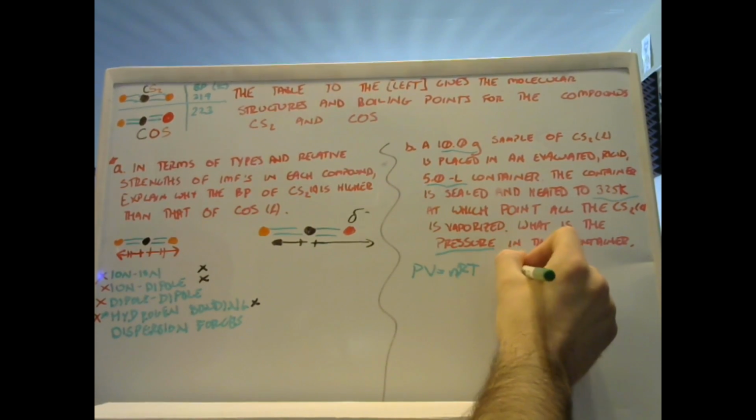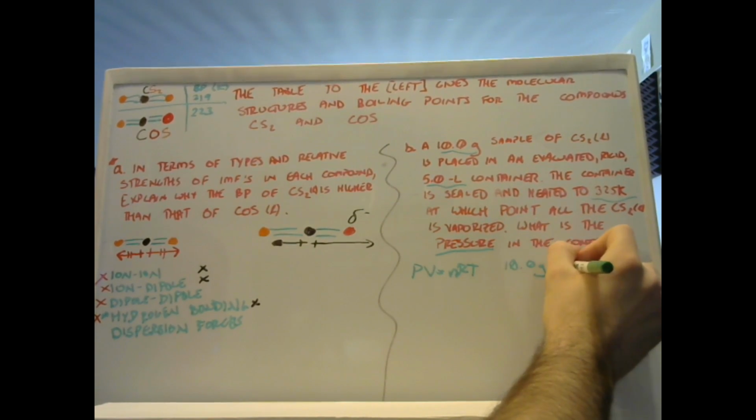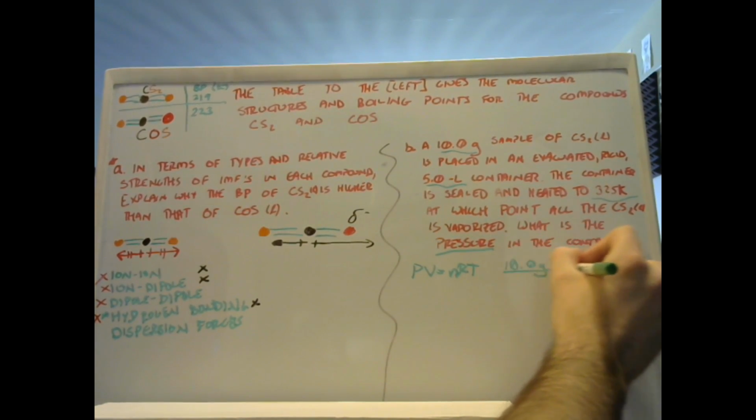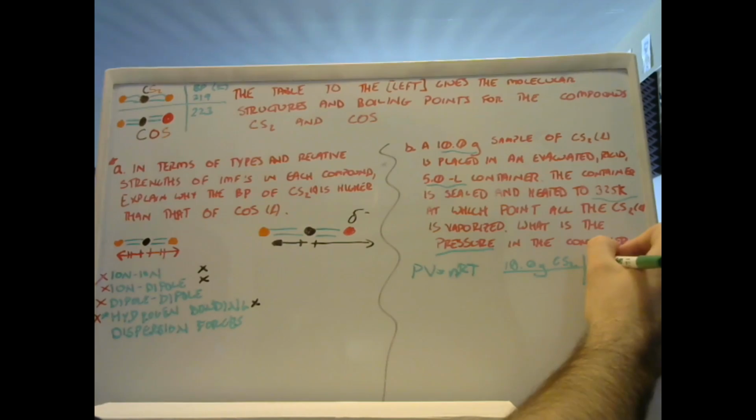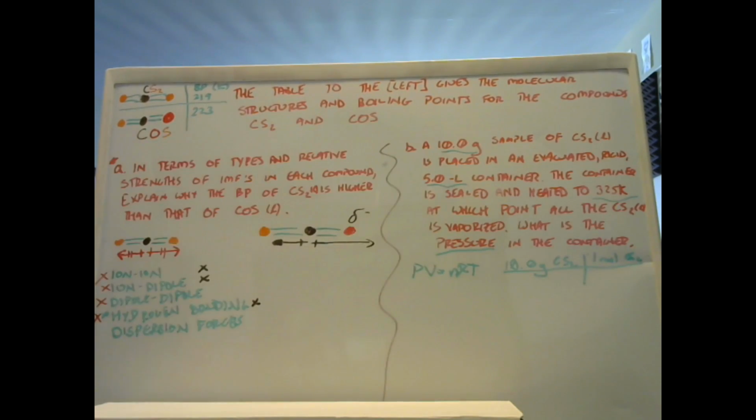I have 10 grams CS2. How many moles is that? Well, if I go to my periodic table, I can go, okay, well, there's 2 sulfurs. Each of those have a mass of 32.06.